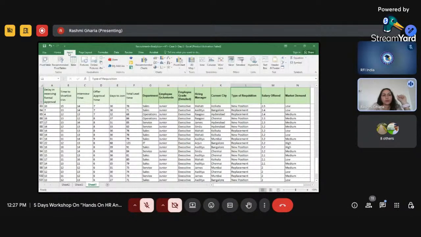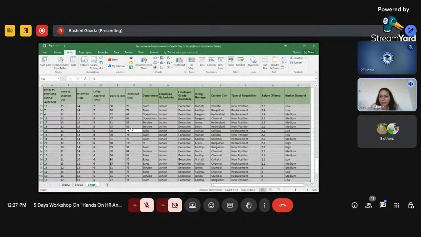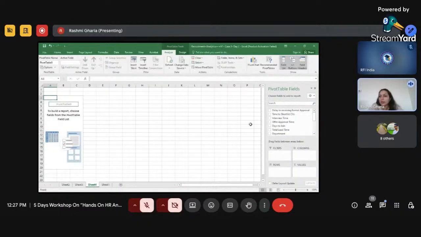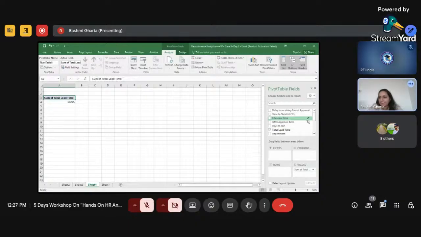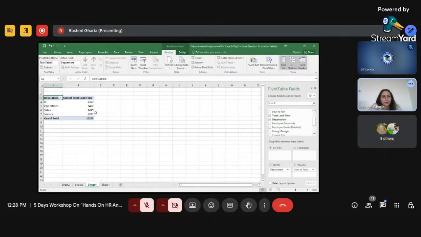So what we can do, you just select this whole data quickly. In 5 minutes, I will be finishing up, right? Quickly go through this, select what table. I'm taking lead time over here, and I'm taking, let's say, department-wise lead time.